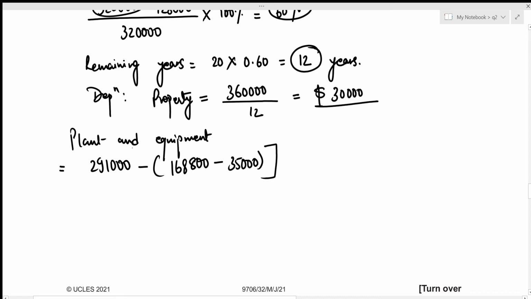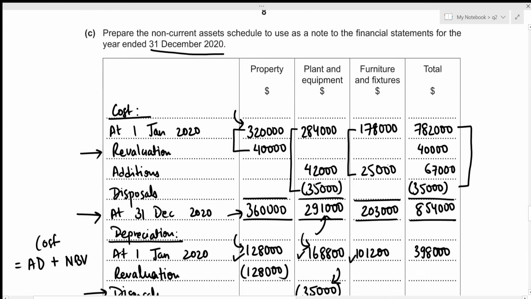So now we need to charge the rate to this value, which is the net book value, and the rate was 20%, so we can write down as 0.20. So this gives the annual depreciation charge on plant and equipment to be 291,000 minus 168,800 minus 35,000 times 0.20, which results in the value of 31,440. And we need to record this in our schedule of non-current assets. Let's write it down.